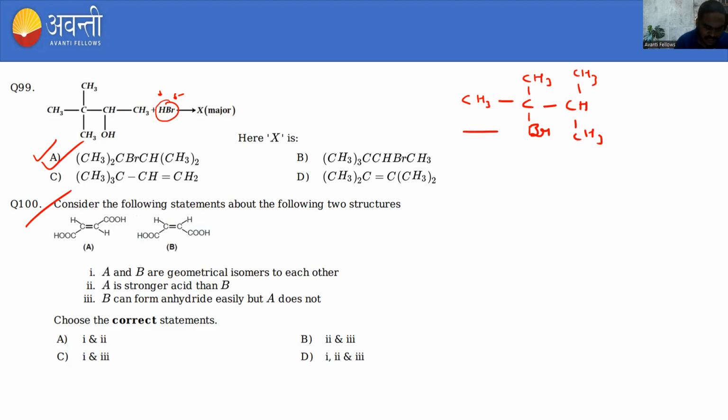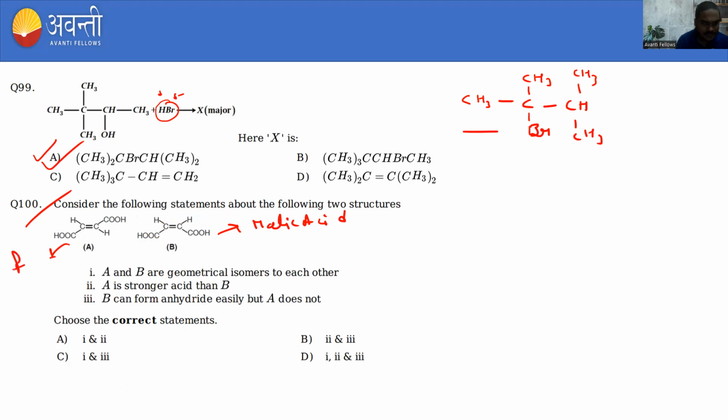Always remember, beta, that B is maleic acid, and A is known as fumaric acid.